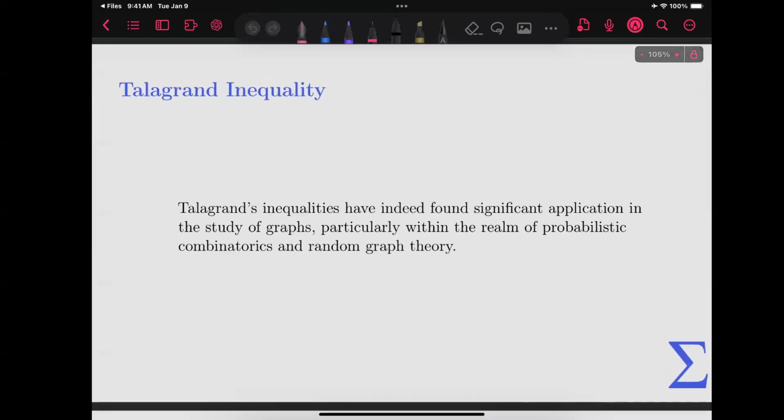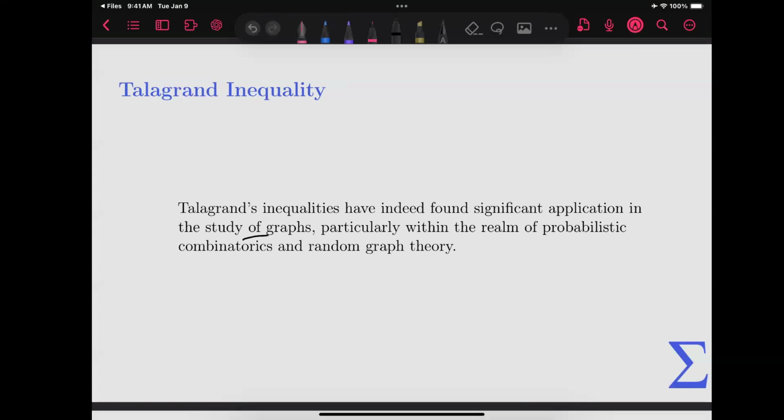I've got a recommendation to explain why the application of Talagrand's inequality is really big. If you study graphs, then in graph random processes, it's always going to be an exponent without doubt if you're using the probabilistic method.